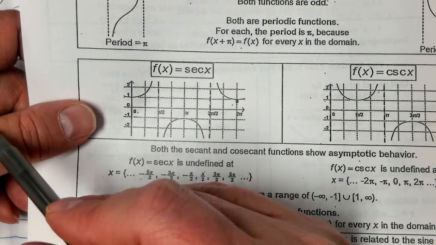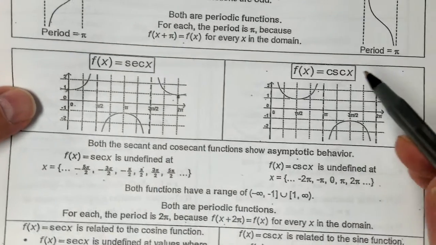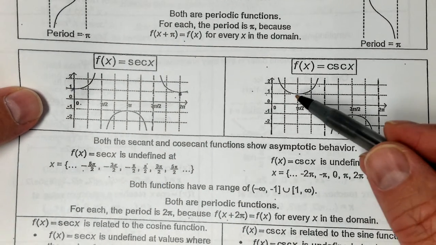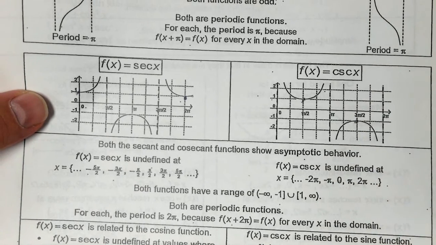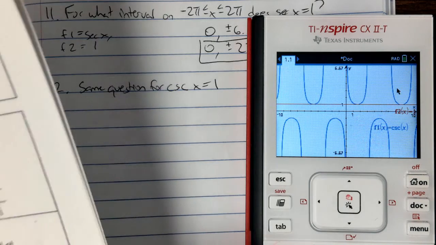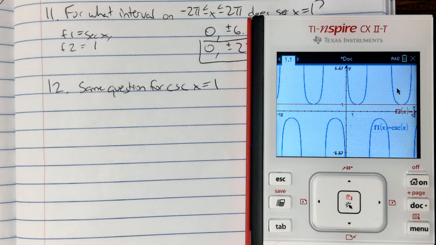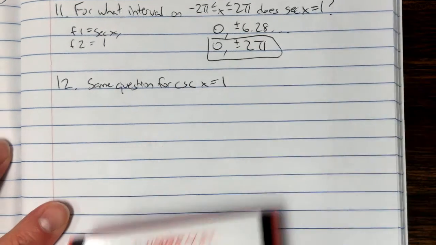Well, that's off the page. At 0 and 2 pi. But on cosecant, it would be at pi halves and 3 pi halves. So I'm just going to use this page to show me that. If we change our table, we could have figured that out also, but let's just use our resources.